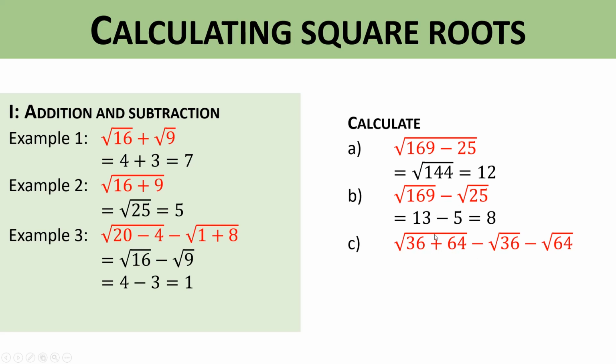And here we add these numbers first. That gets us to 100, so the square root of 100 minus the square root of 36, which is 6, minus the square root of 64, which is 8. Square root of 100 is 10, so we get 10 minus 6 minus 8. That's 10 minus 6 is 4, sorry, and 4 minus 8 is minus 4.